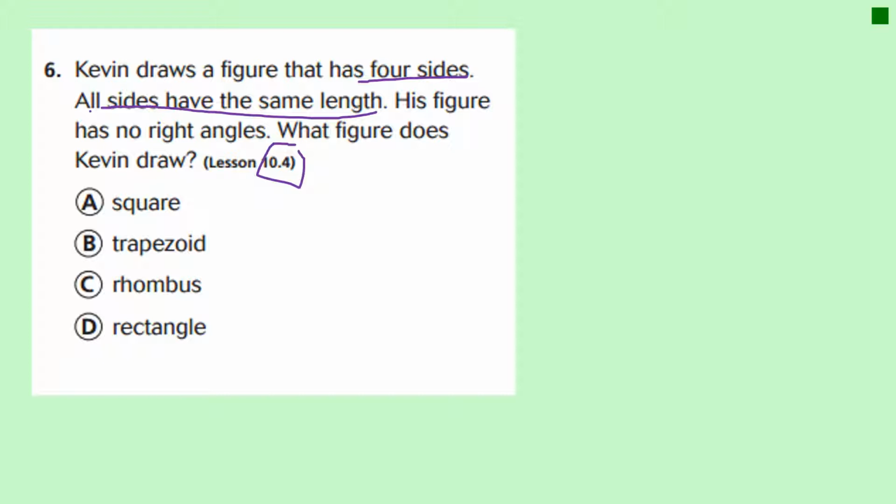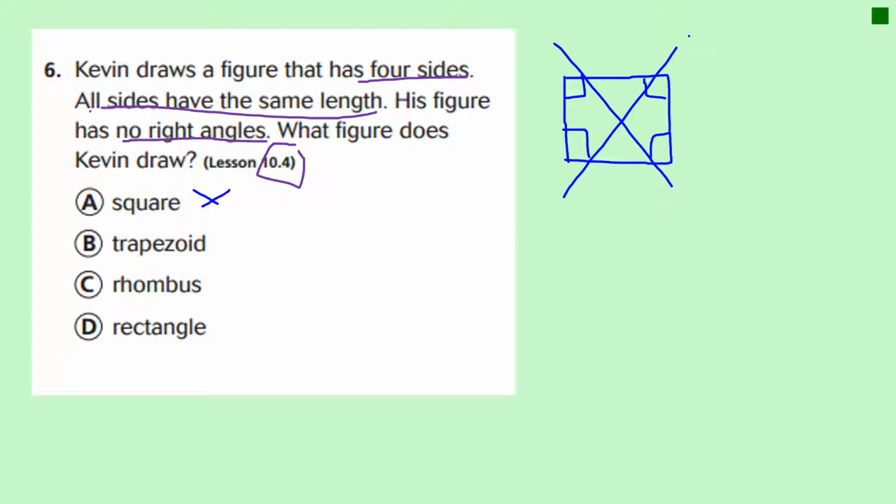His figure has no right angles. Oh. What figure does Kevin draw? Well, could it be a square, you guys? Let me draw a square and check it. A square, of course, as we know, has 4 right angles. So, what is the other figure that has 4 sides that are all the same length?